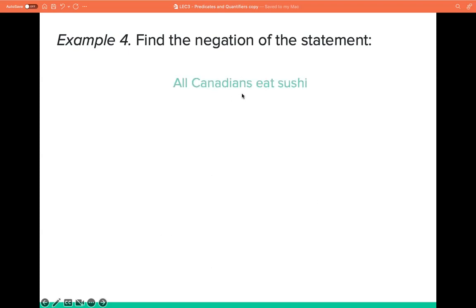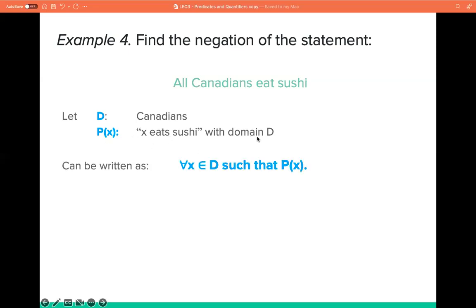Now, another example, all Canadians eat sushi. So the domain will be the set of all Canadians, and the P of x will be such that x eats sushi. And we can rewrite this into for all x in D such that P of x. So the negation of the universal quantification is there exists x in D and not P of x.